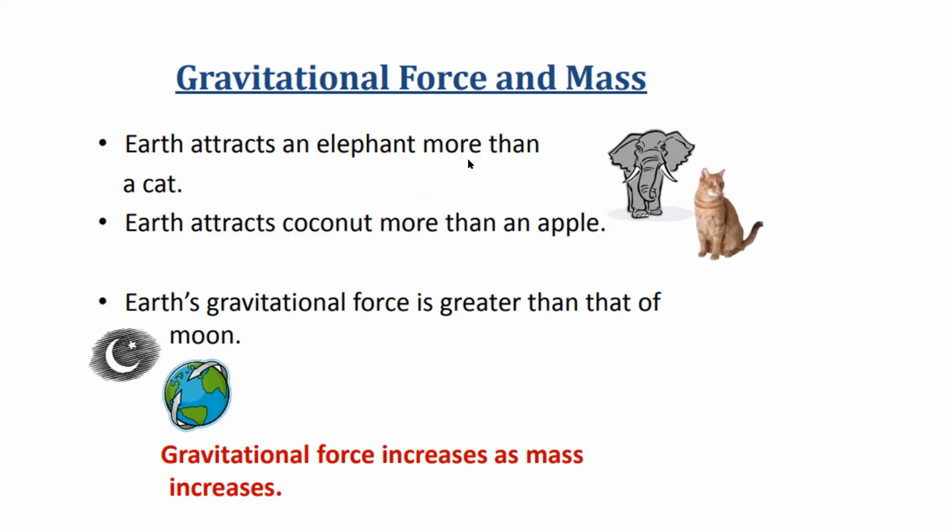And each planet has a gravitational force different from the other planets or the moon. The Earth has a gravitational force different from the moon, Mercury, Mars, or the other planets.